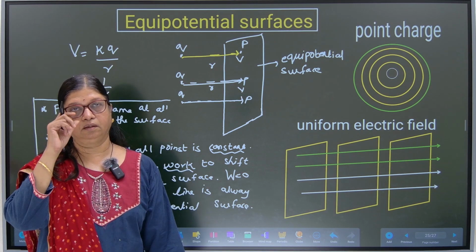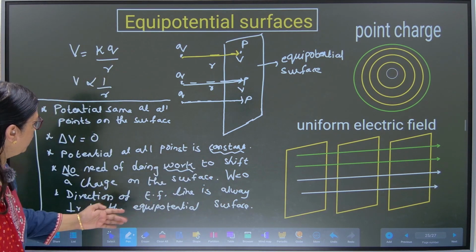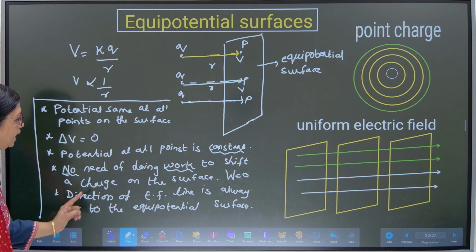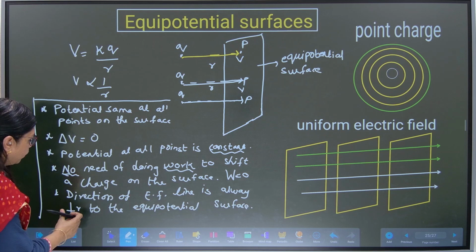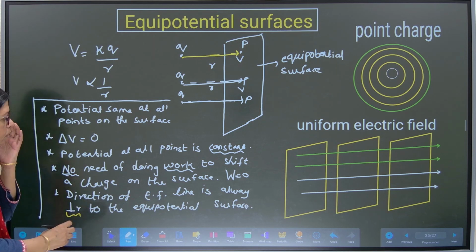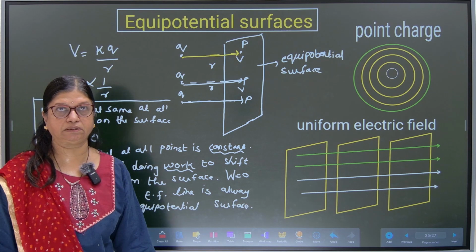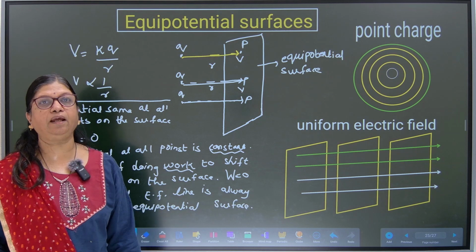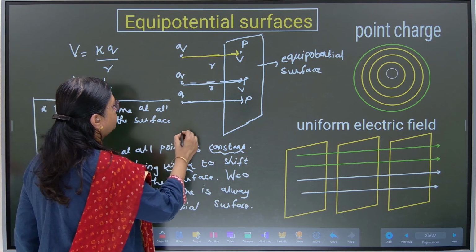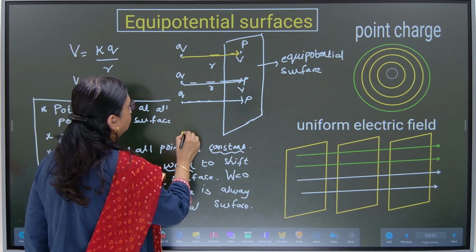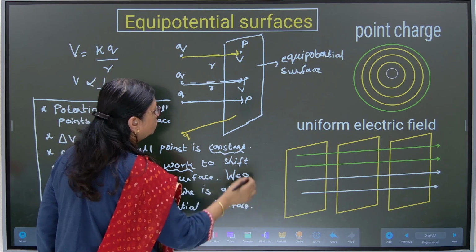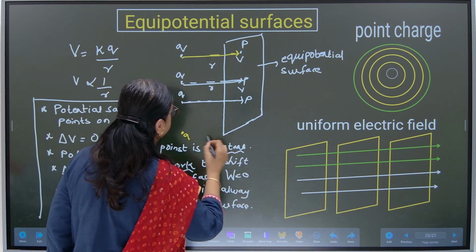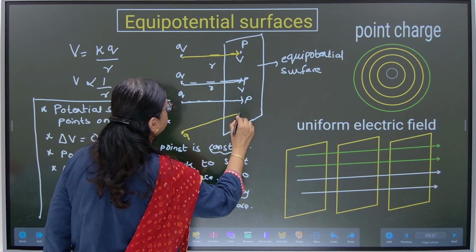Okay. Now, coming to the last point which we wrote, direction of electric field line is always perpendicular to the equipotential surface. Let me say the direction of electric field line from this charge is not perpendicular. What I am saying?